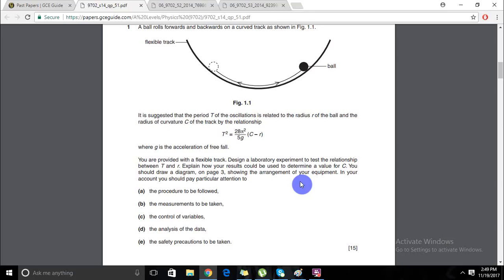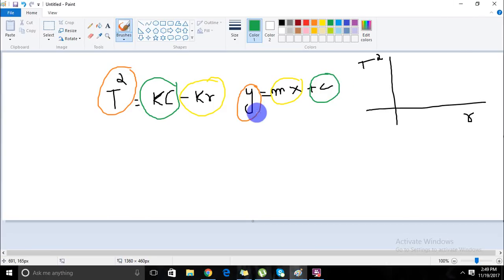And how do we figure out the value of c? As mentioned previously, there are a few things that seem to be analogous. The y-intercept is equal to k into c, and therefore capital C, what we want is the y-intercept divided by k.